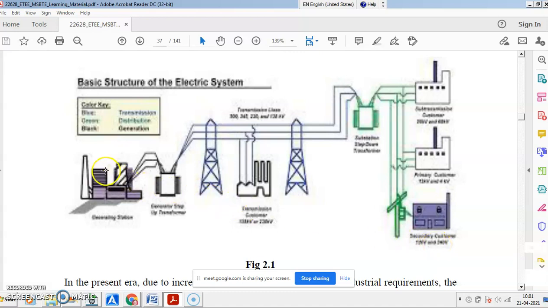So generation is either at 11 kV or 22 kV, stepped up from 11 or 22 kV to 220 kV, 400 kV, 765 kV, 1200 kV, like this. Transmission.